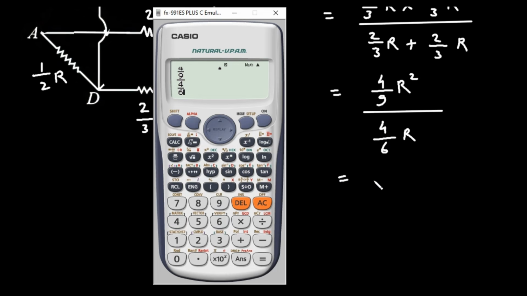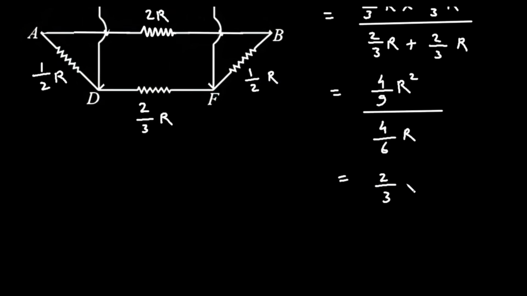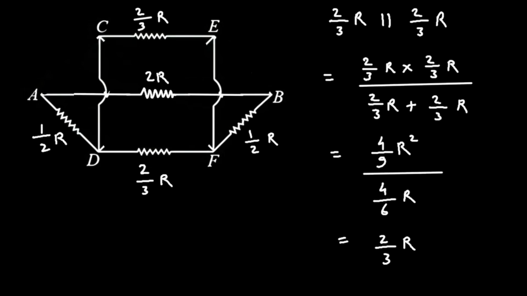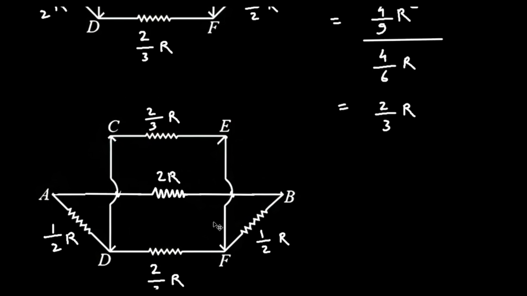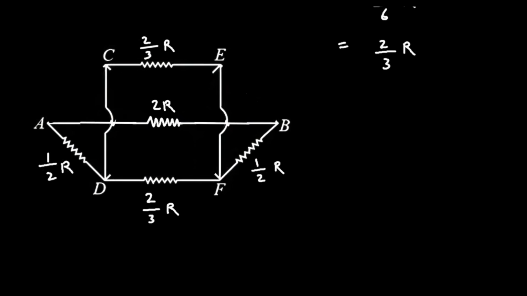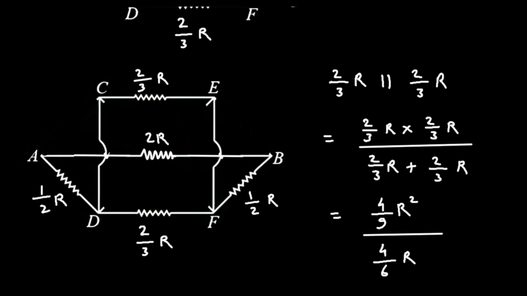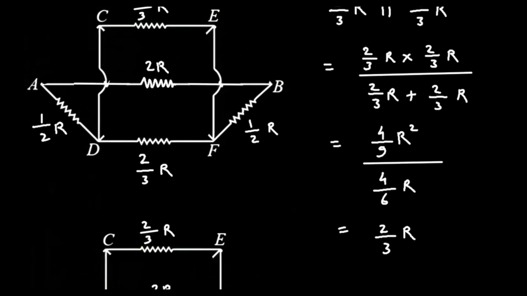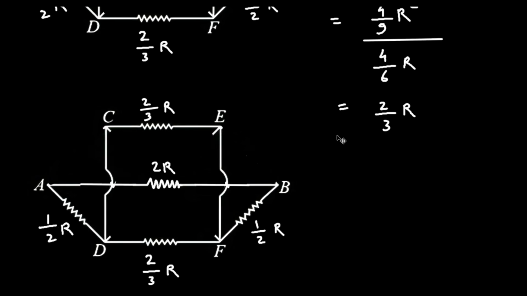It will be 2 by 3. So 2 by 3 into R. This R and this R square will get cancelled. So now the circuit will look like this. We can erase this resistance and it will be replaced by simply 2 by 3 R.